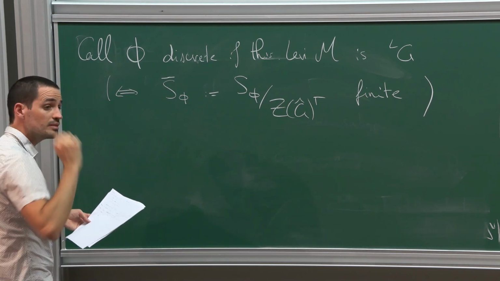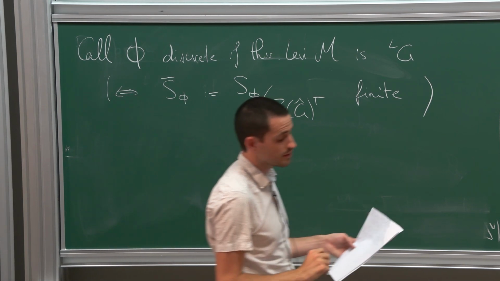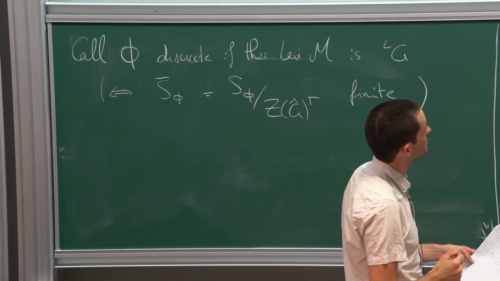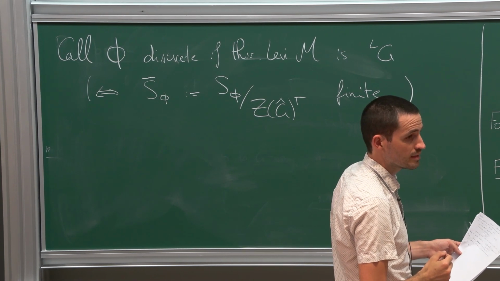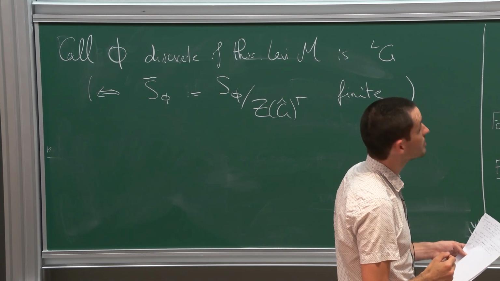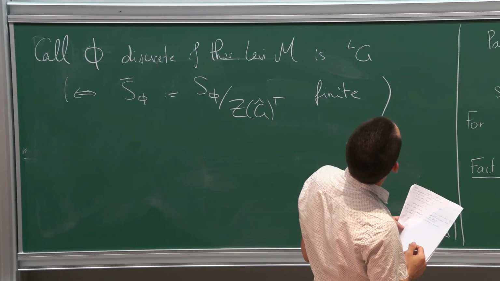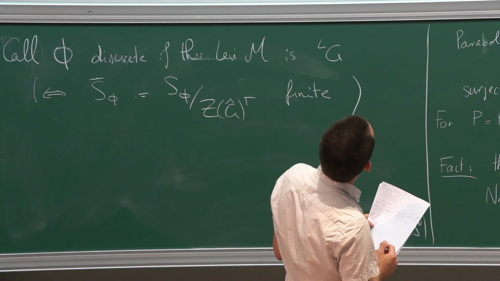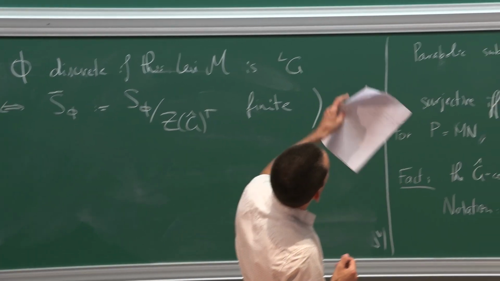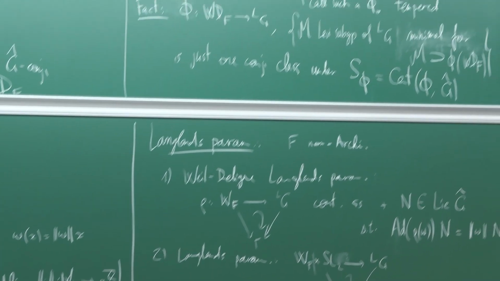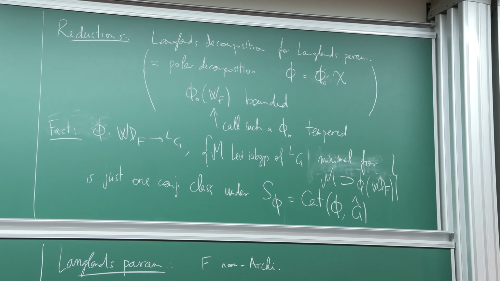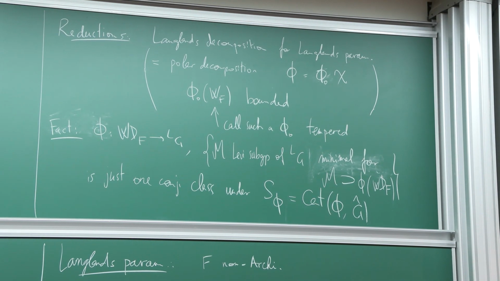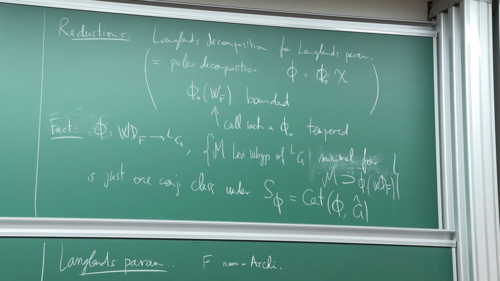Can I clarify something? So we're defining tempered to be those things that have bounded image under WF, that's the definition. And then the fact is that, what is the fact? If you take a minimal Levi containing the image, then... So the set of Levi subgroups which contain the image, so through which phi factors, and which are minimal for this property, is just one conjugacy class under the centralizer.